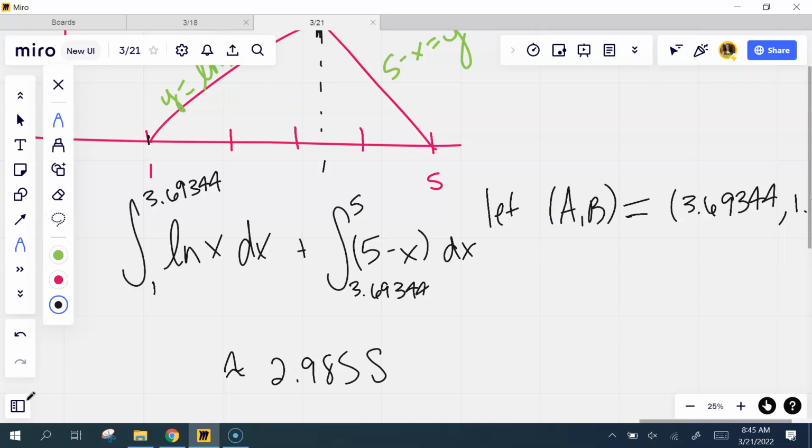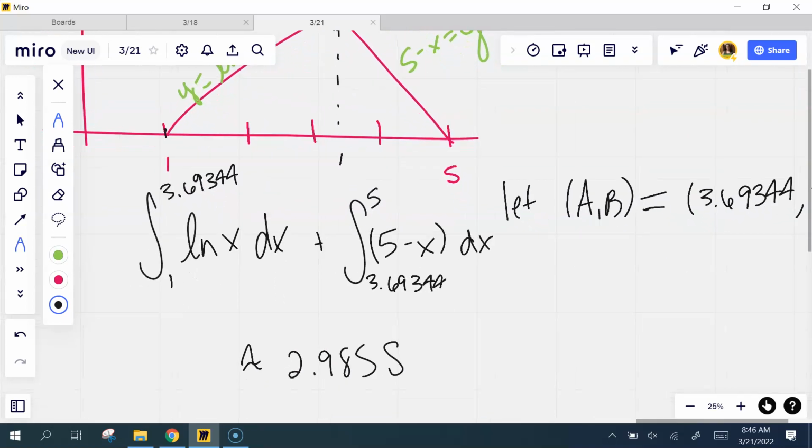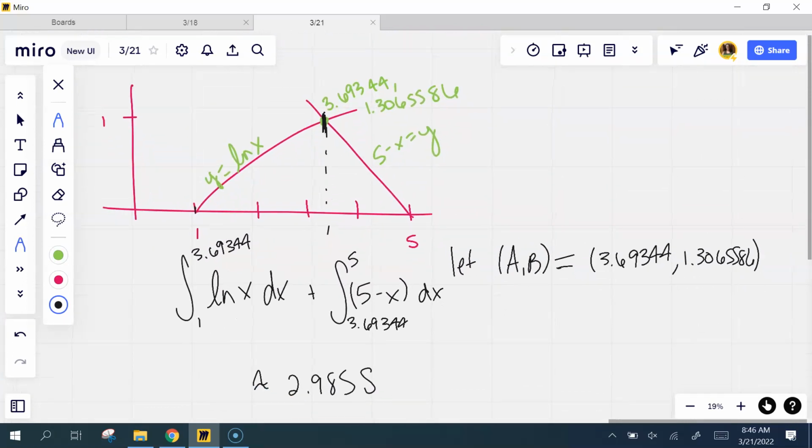Now the other way you could do is with respect to y. And this is the way I did it, but of course, if you are more comfortable with respect to x, by all means do that. You just had to make sure that you split up that integral. I went through and said, well, e to the y is x, and x equals 5 minus y.